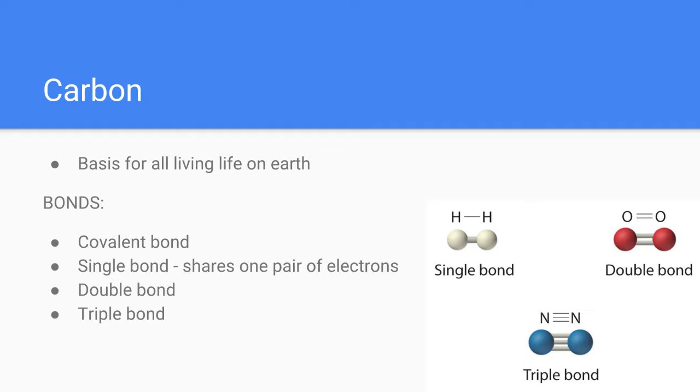As you can see here, there's a single bond, where it shares one pair of electrons. There is a double bond where it shares two pairs of electrons, and then there is a triple bond where it shares three. And you can see here, there's a single, there's a double, and there is a triple.